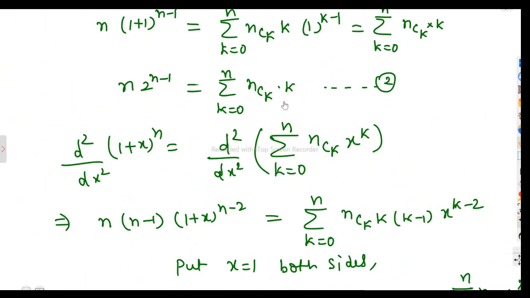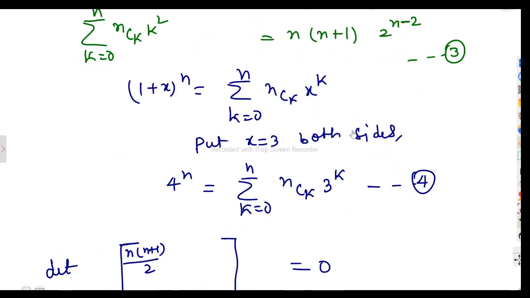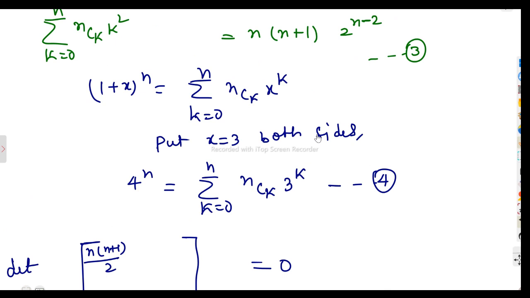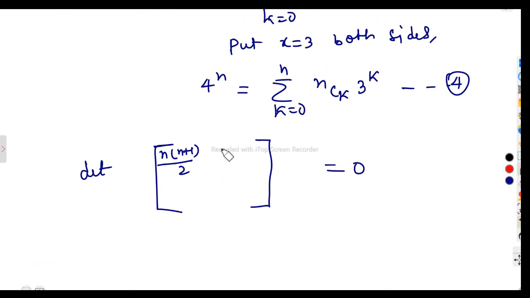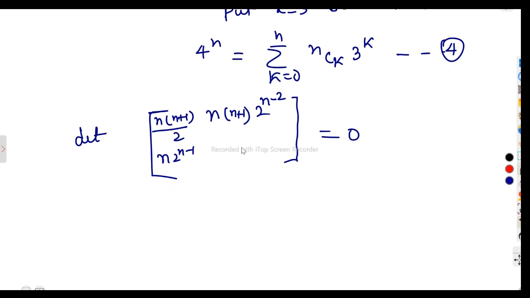By equation number 2, we have obtained that the sum of k nCk is n times 2^(n-1), and by equation number 3, this is n(n+1) times 2^(n-2), and again the value of the last entry is 4^n.